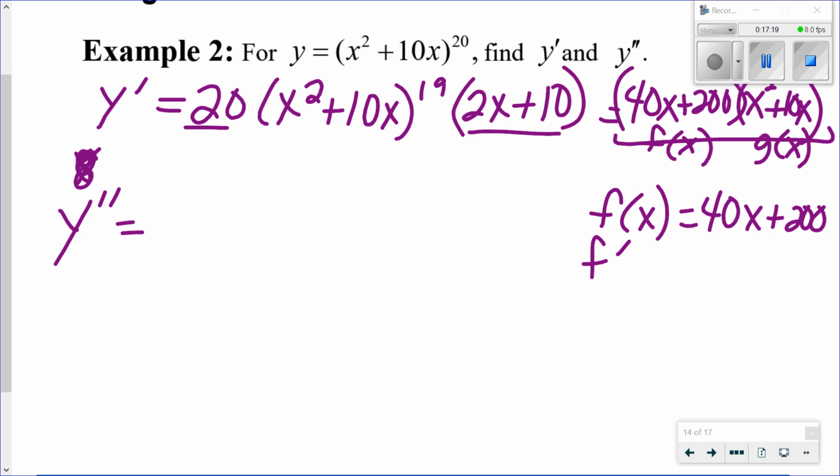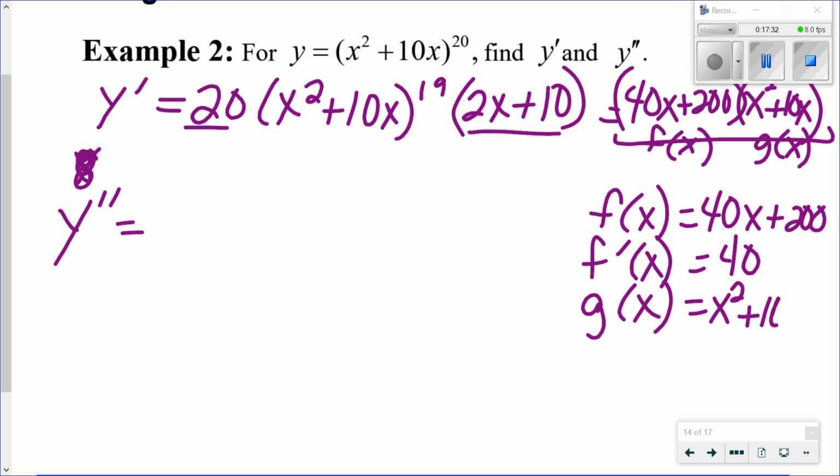F prime of x is going to be 40. G of x is going to be x squared plus 10x to the 19th power.